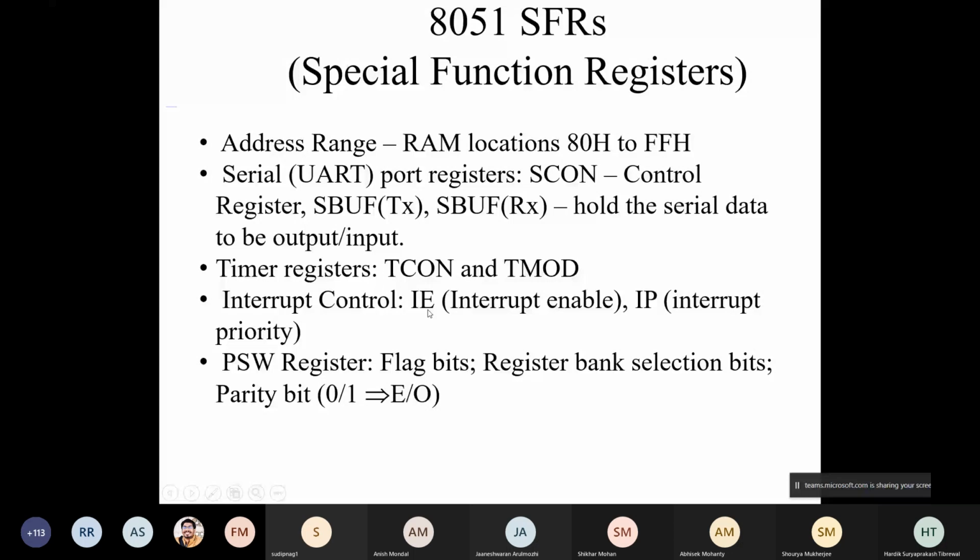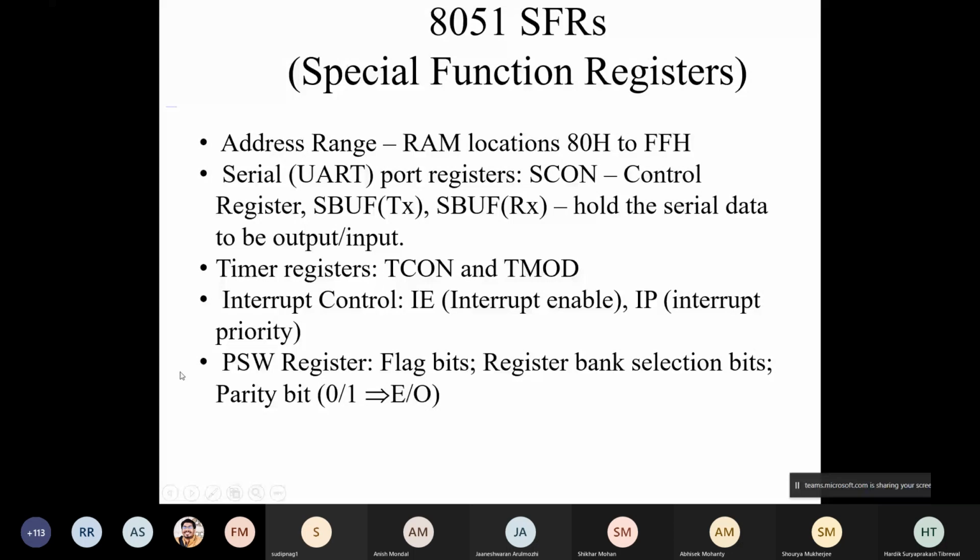They basically manage interrupts. You can enable and disable the interrupts through the IE register, and you can set the priority within rules, which we'll see, through the IP register. These are all 8-bit registers. Whatever names you're seeing, SCON is 8-bit, SBUF is 8-bit, IE is 8-bit and IP is 8-bit.